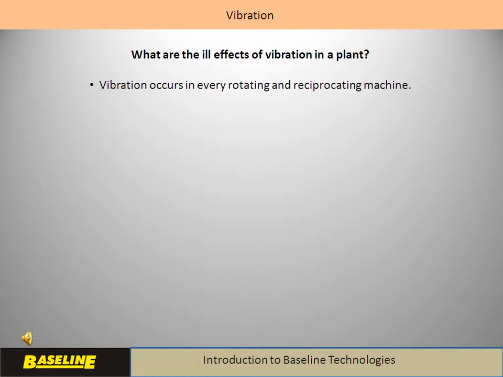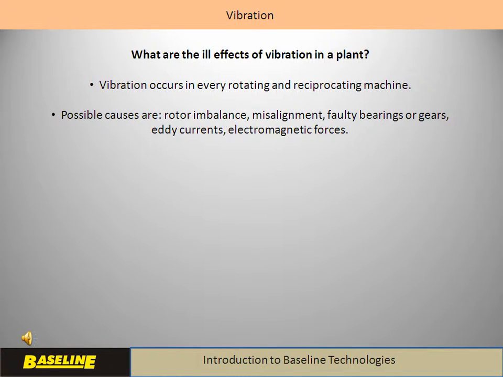Vibration occurs in every rotating or reciprocating machinery as a consequence of forces which are generated in such machines. These could be due to a variety of causes, such as rotor imbalance, misalignment, faulty bearings or gears, eddy currents, electromagnetic forces, etc. These forces act through the bearings to move the stationary parts of the machine.